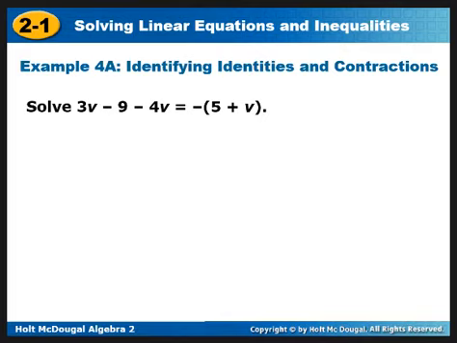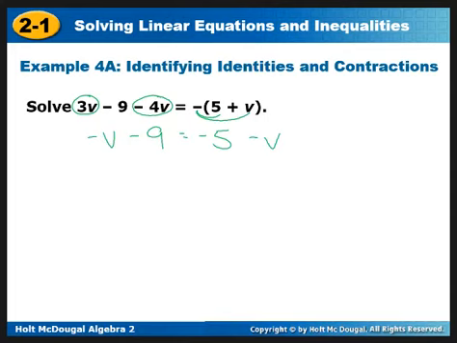All right, so we're going to go through a couple examples of what this might look like. So again, getting back to the same idea we had before, I'm going to look at the left side of my equation and realize that those two are like terms, so I can go ahead and put them together, and I will get negative v minus 9. On the other side, I'm going to distribute that negative sign, so I'll get negative 5 minus v. Now you can kind of already see what's going to happen on this.